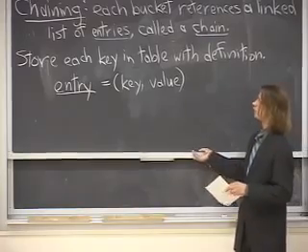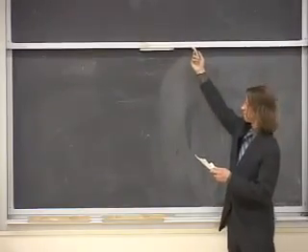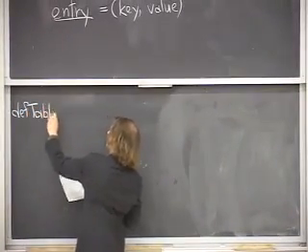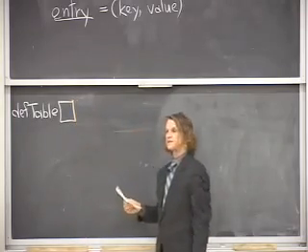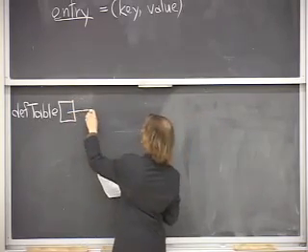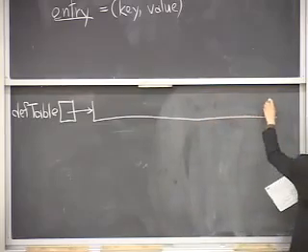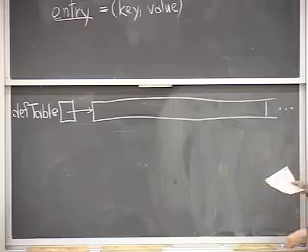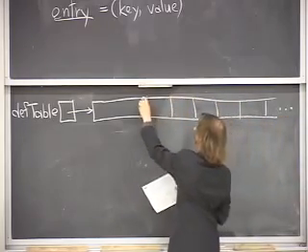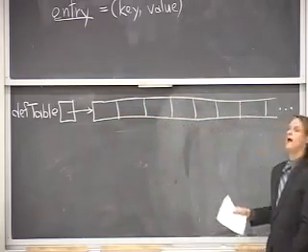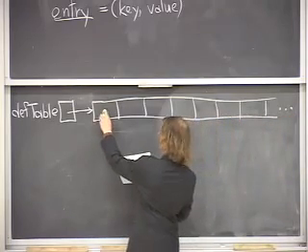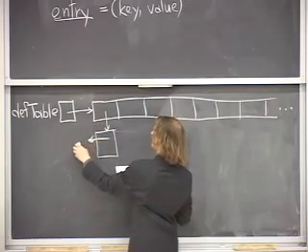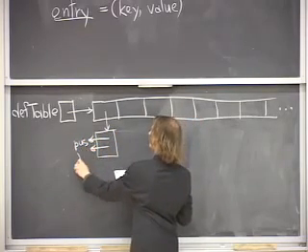So now let me draw what this actually looks like. I've got def table, which is going to be my table, and it is a reference to an array. This array might go on for a good long time. Within each bucket, there might be one entry, which consists of a word and its definition.